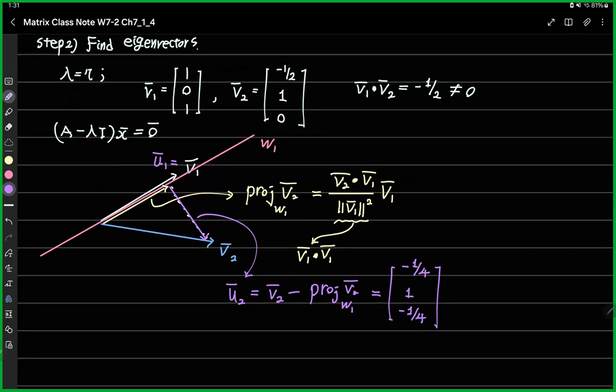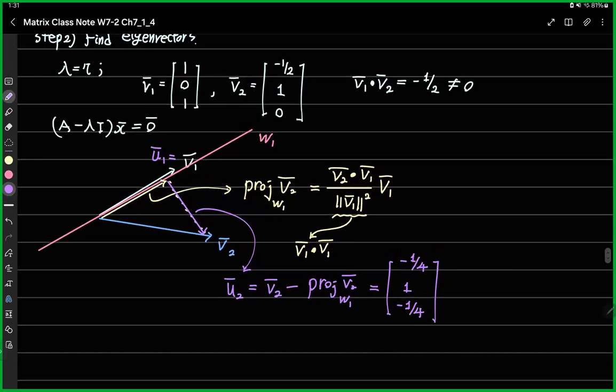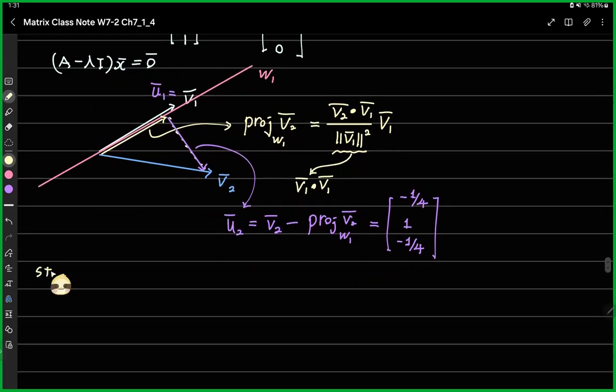All right, so now step 3 is to make the new orthogonal basis, U1 and U2, into an orthonormal basis. Normalize means that we rescale the vector to a vector whose magnitude is 1.